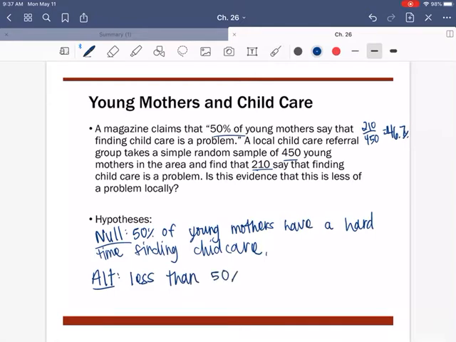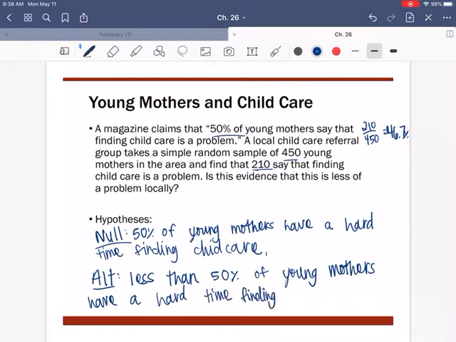So our alternative is less than, because 46.7% is less than 50%. Fewer than 50% of young mothers have a hard time finding childcare.